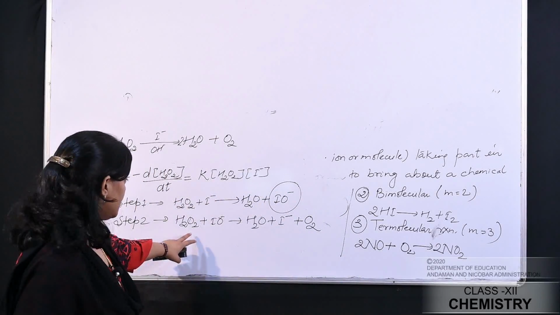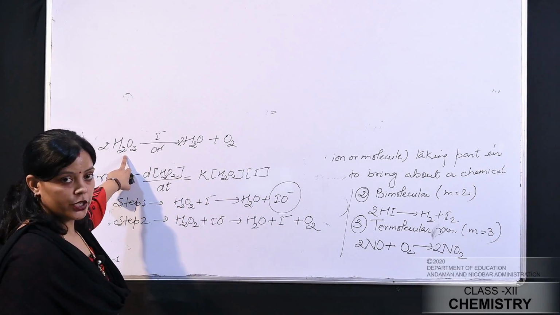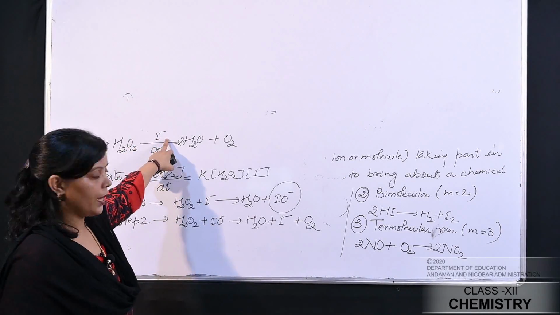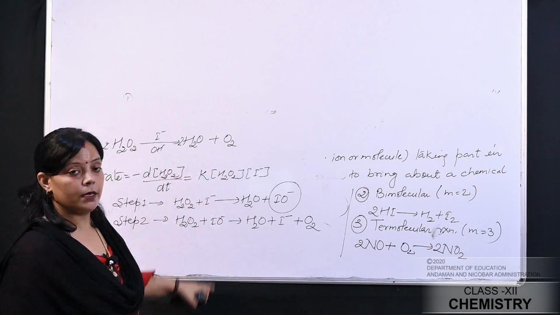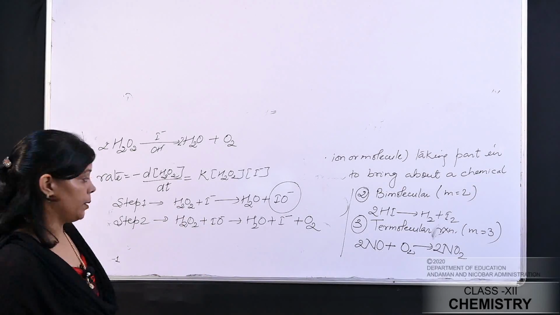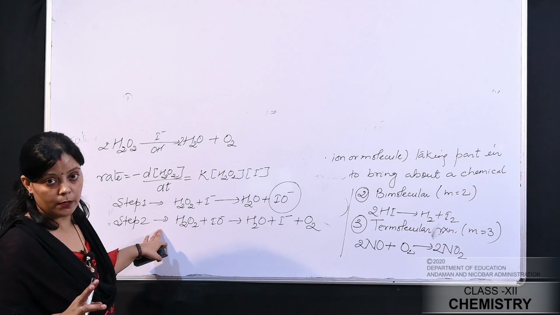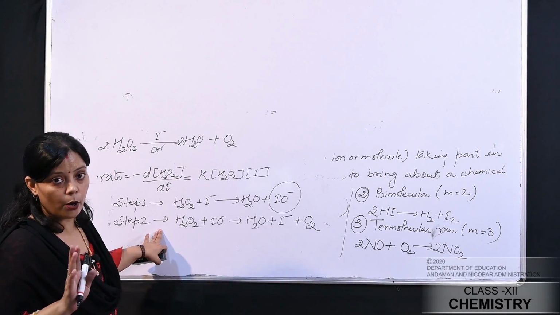So the evidence suggests that this decomposition of hydrogen peroxide, catalyzed by iodide anion in alkaline medium, takes place in 2 steps. So it is a complex reaction. Reactions taking place in more than 1 step are named complex reactions.